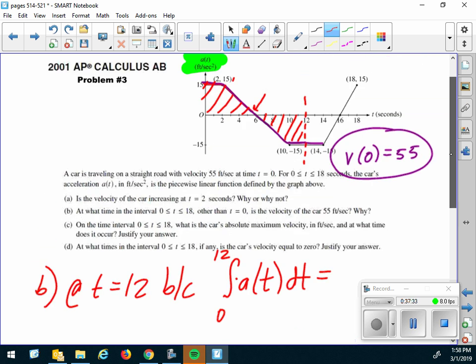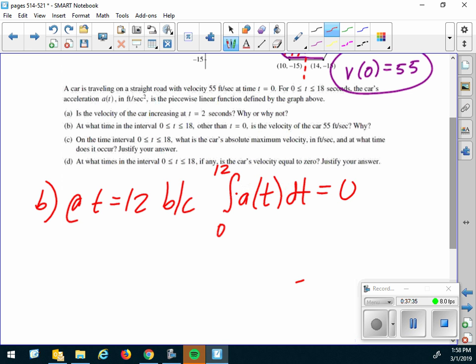What's that integral? What's the big deal about the acceleration ending up being 0 over that interval? No change in velocity, right. So I know from 0 to 12, overall, there's no change in velocity.